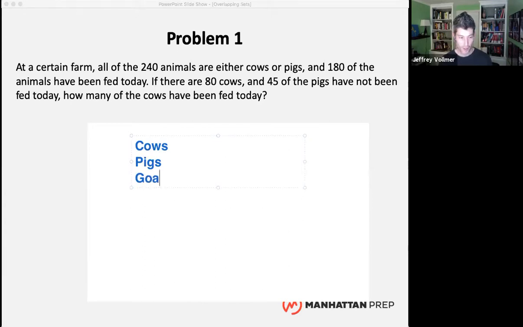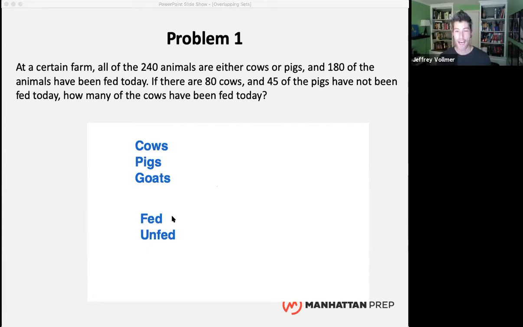Goats. All right, goats. And they've also been fed or unfed. And now you have, instead of a 2x2 cross, you'd have a 2x3 cross. And that's still doable. You can still do that.